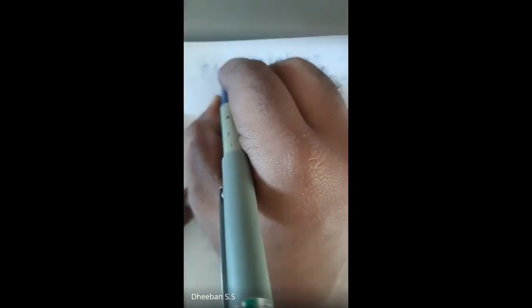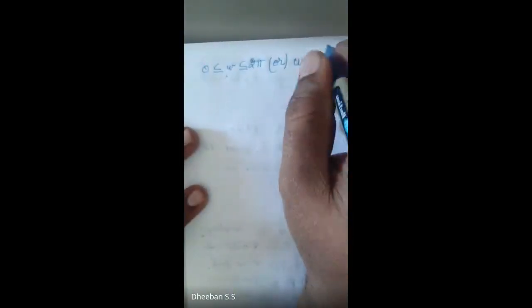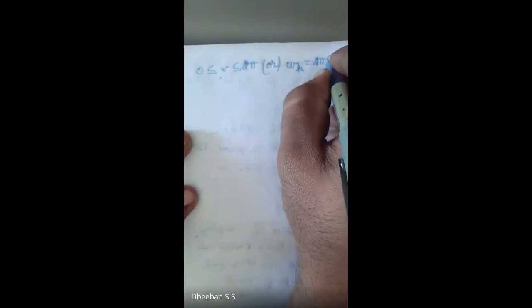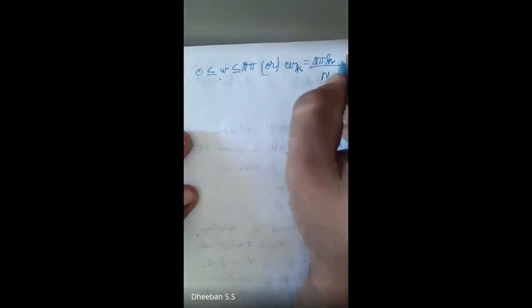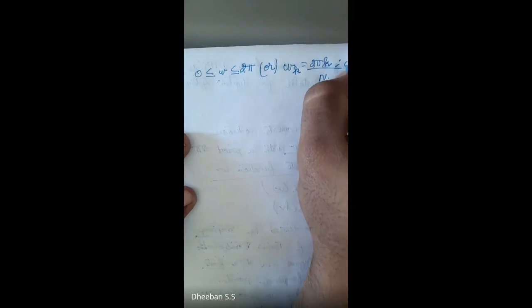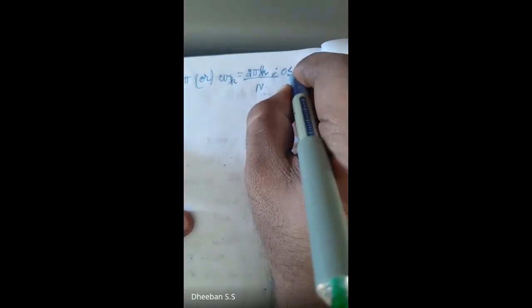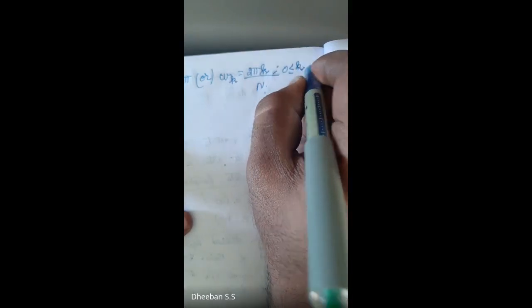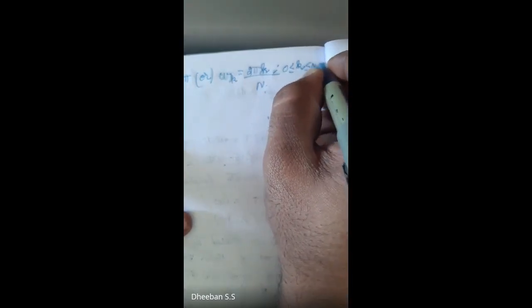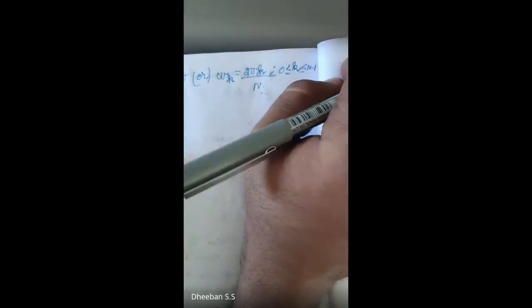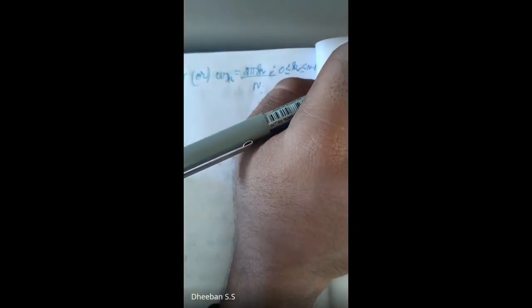So this is for continuous and this is for discrete: omega k will be equal to 2 pi k divided by N, where k is 0 less than or equal to k less than or equal to N minus 1. So this is how you will be getting your DFT.